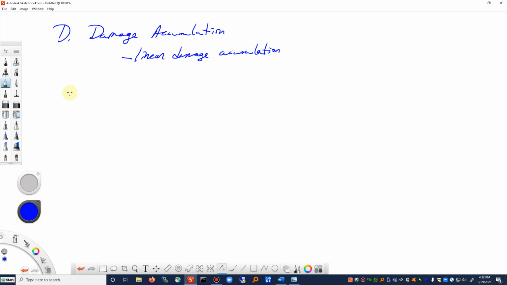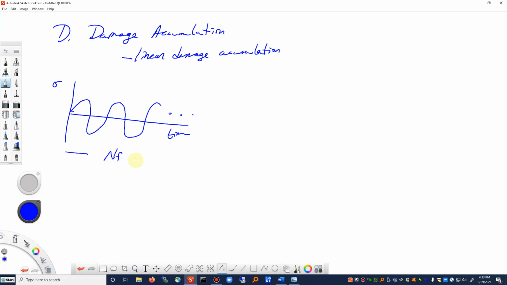So let's go back to our constant amplitude test for a moment. We have stress versus time, and we have a sine wave, say, from our rotating bending test, and this just keeps repeating until the thing finally breaks. And overall, we have a certain number of cycles to failure at this particular stress level.